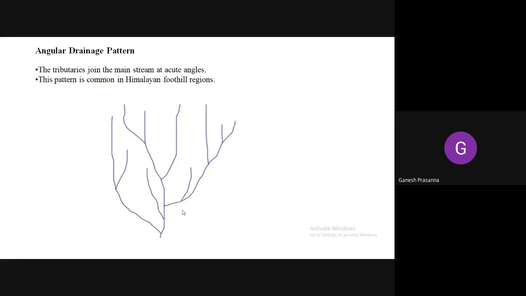This pattern is very common in the Himalayan foothill ranges. The Alakananda and Mandakini, which are tributaries of the Ganges, meet the Ganges at an acute angle of 15 to 16 degrees near Rudraprayag, and also in parts of Rishikesh where they meet, it is at acute angles. So in the Himalayan foothill regions you can find this angular drainage pattern to be very common.